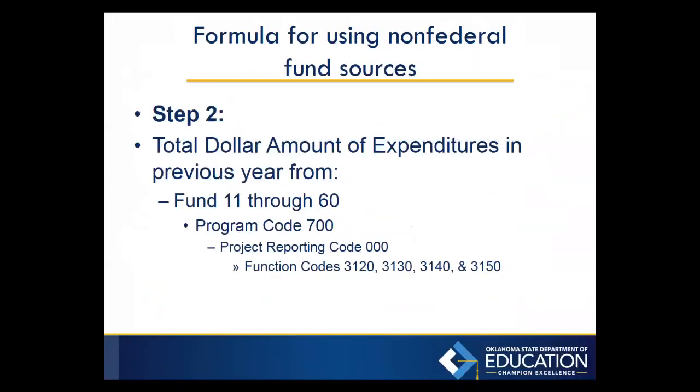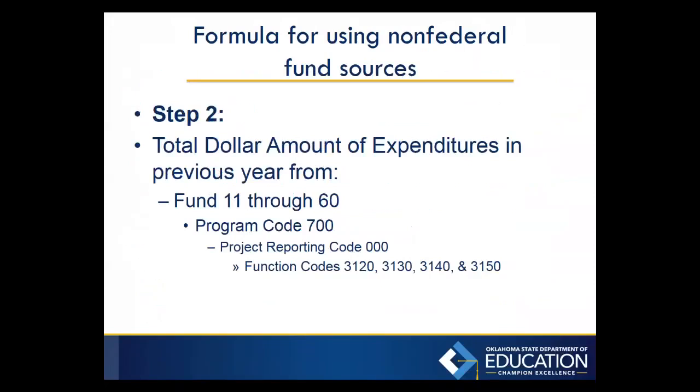Then you're going to want to take the dollar amount in your expenditures from your previous year in funds 11 through 60, with the program code 700, and these are all going to be attached to your project reporting code of 000, which is a local reporting code, and any of the functions that you see there on the screen, like if your general fund is paying for your labor out of function code 3120 and 3130, and other direct is 3140, 3150, of course, is food.